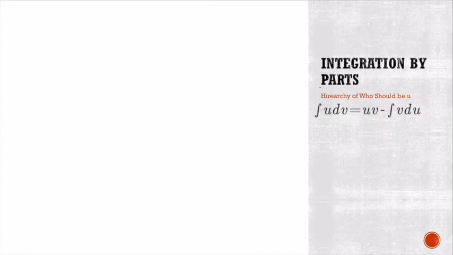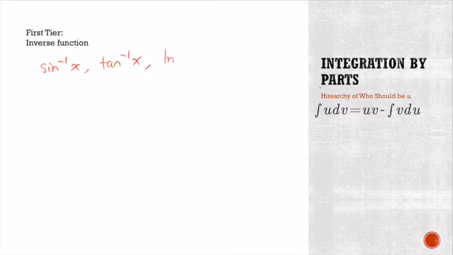When we are integrating by parts, there's something that we need to keep in mind. When selecting the part of the equation to be u, we have a hierarchy. We first prioritize inverse functions. These include sine inverse of x, tan inverse of x, and even ln of x.